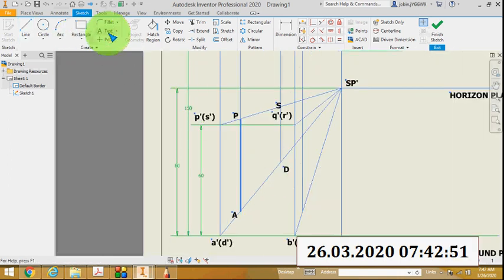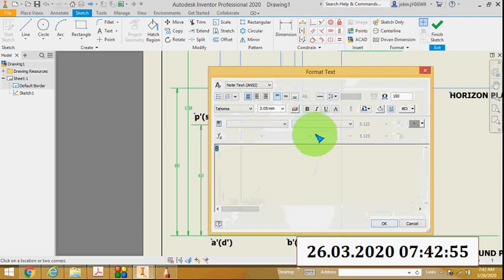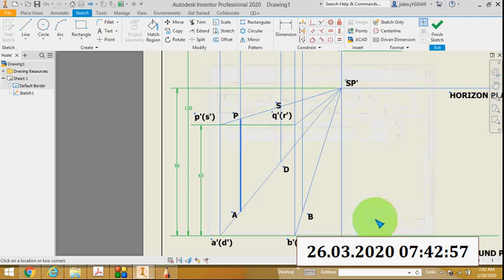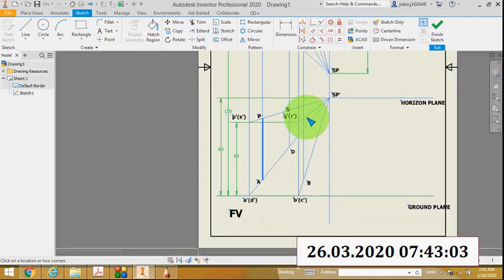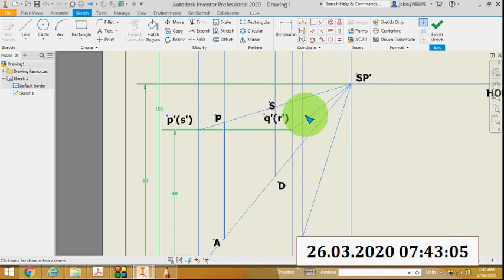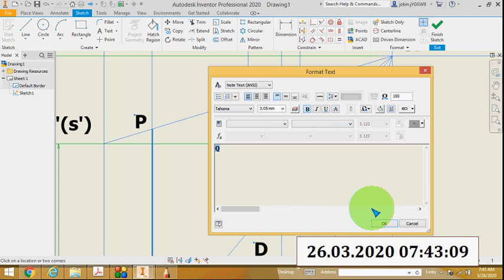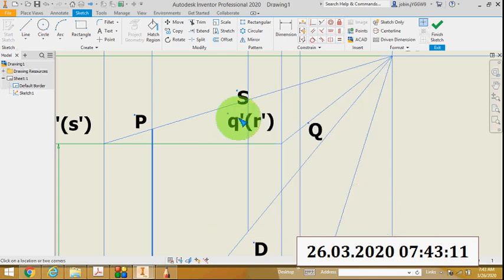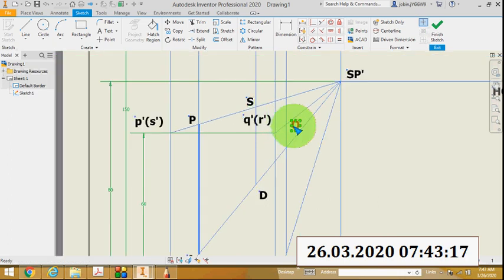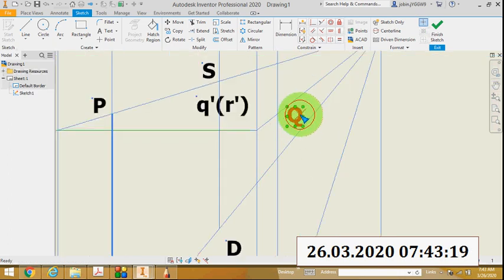Okay. So name this point as B, and this point is Q.